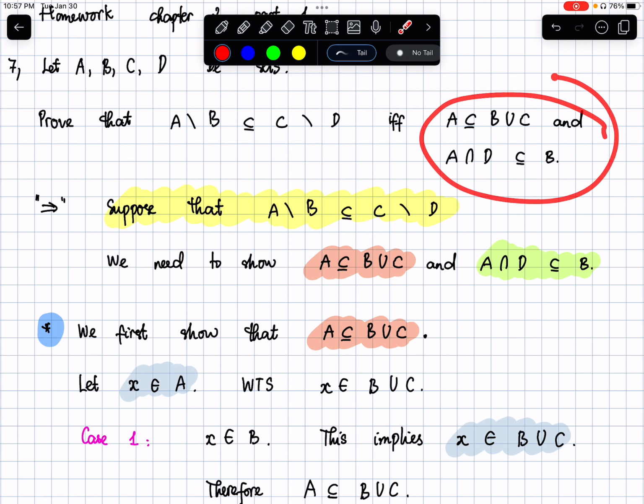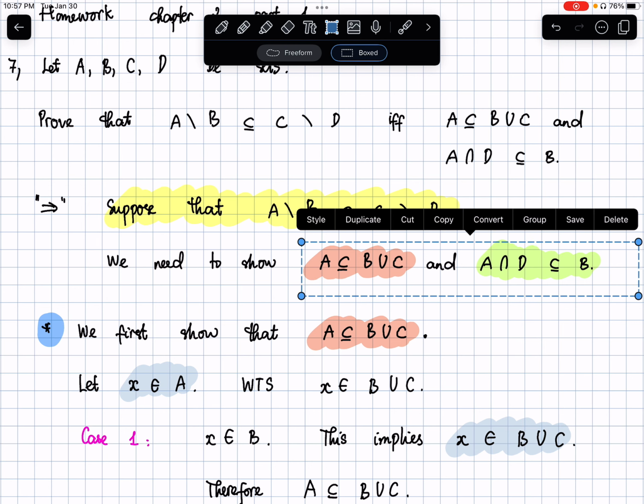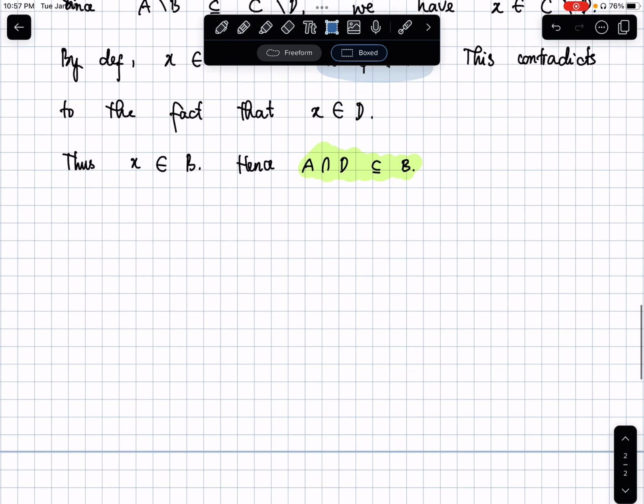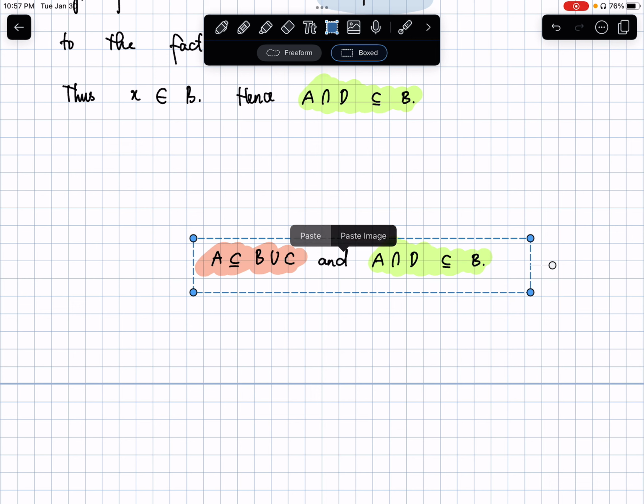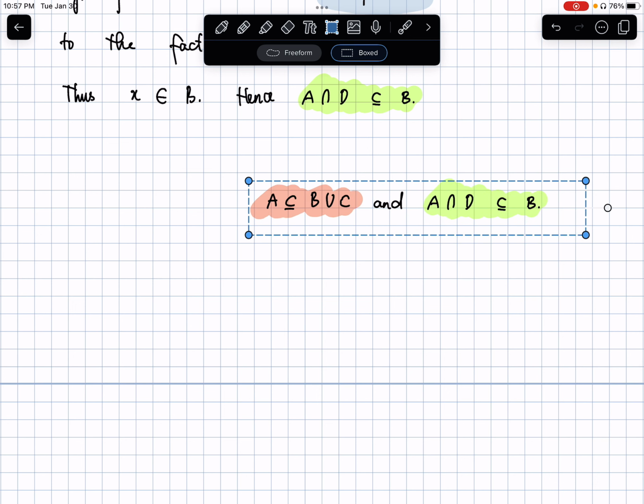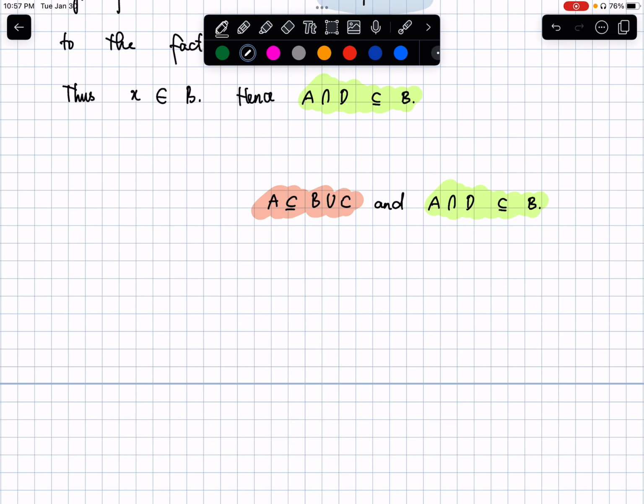And the other one. Now we need to go from here to there. Okay, suppose we have this part, suppose we have the right hand side. So the other direction.